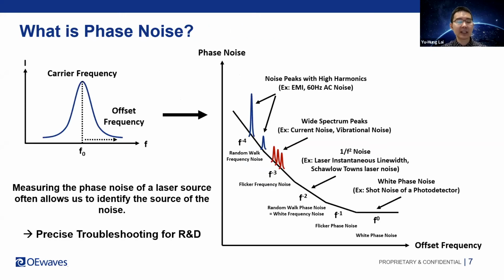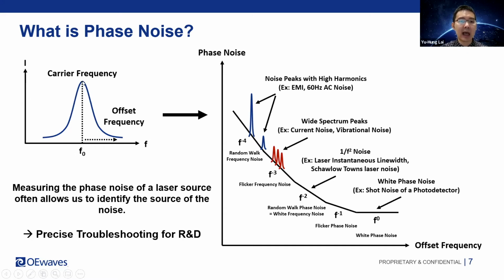So what is the phase noise here? Basically, if we have the laser from our A side, we can characterize some specific laser carrier frequency like here, and our O side like here. Basically, we can draw a point here at the top and then put the laser line to here. This is our carrier frequency. And then from this carrier frequency, we can calculate offset frequency away from this carrier frequency.